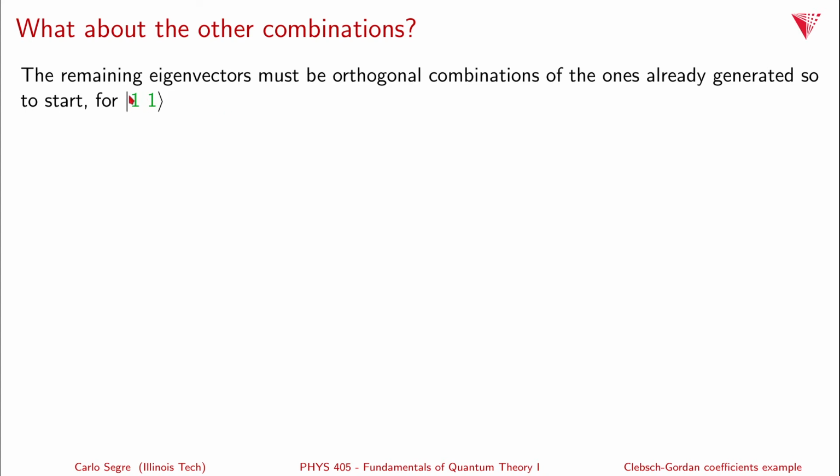So let's start with the state s equals 1, m equals 1. That's the next lowest value of s and the highest possible value of m for that. So that state, 1, 1, must be orthogonal to the state 2, 1. And if you remember, the state 2, 1 had 1 over the square root of 2 times 0, 1, plus 1 over the square root of 2 times 1, 0.